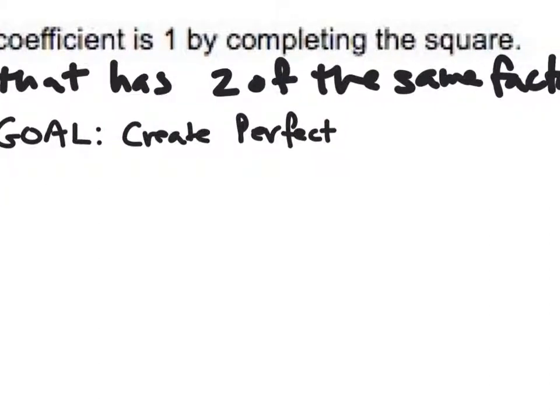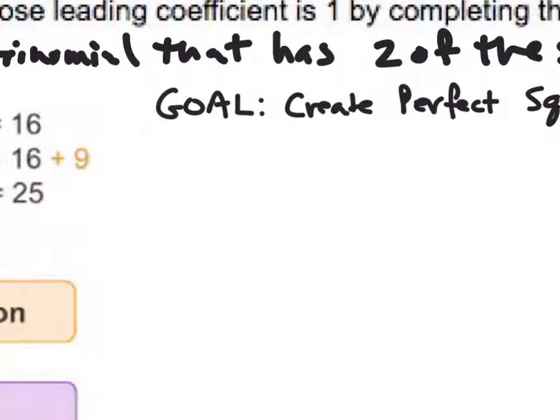So create perfect square trinomials. Okay, and this can be easy to an extent, and then it kind of gets tricky. But here's what I got. Okay, let's write this down. Let's write down x squared plus 6x plus c.